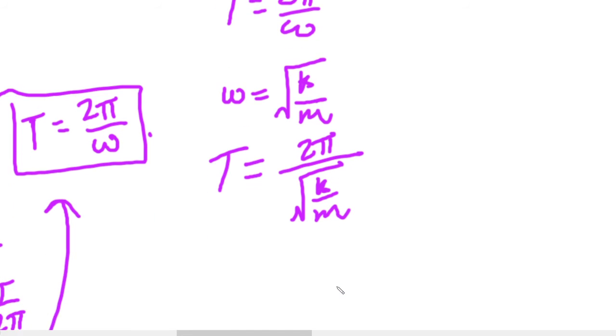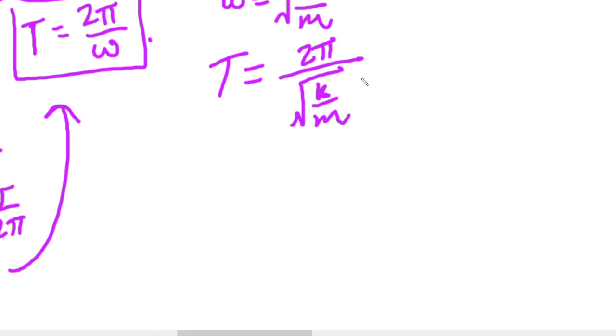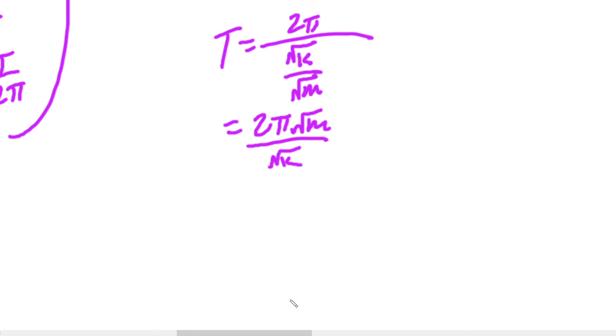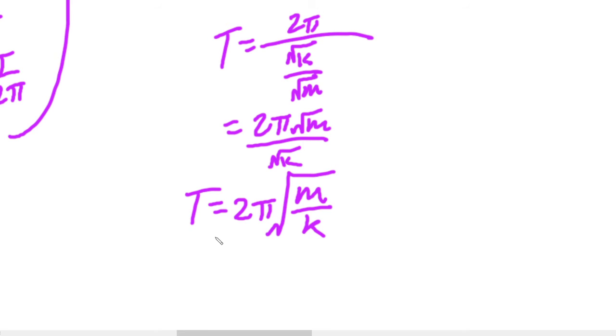And if we distribute this square root into the k and the m, we get t is equal to 2 pi over the square root of k over the square root of m. Or this is equal to 2 pi root m over root k. And if you prefer a simpler form, t becomes 2 pi times the root of m over k. And that's where that formula comes from for the period of a mass spring system.